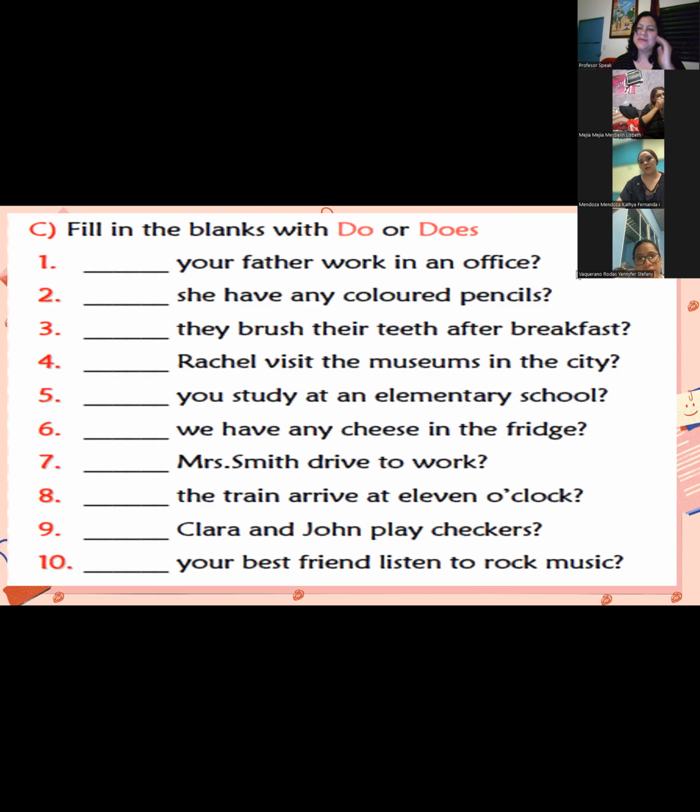Okay, class. Now, remember, class, that it's very important that if you have confusion, remember when we saw the possessive adjectives: I, your, his, her. So this is your father. We are talking about father, okay? No se vayan a confundir, no es tú. "Your" is a possessive adjective, okay?